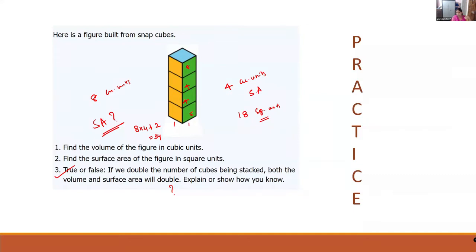Like this, we can show the cubes, we can tell them it is not double. Only the volume would be double. Surface area will not be double when we stack the cubes like this. Right? Because of the hidden faces. The hidden faces concept should be shown here and they have to understand it so that they can comfortably work with the combination of the solids about the hidden faces.